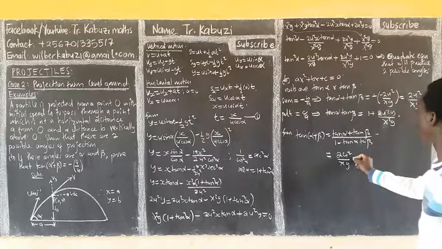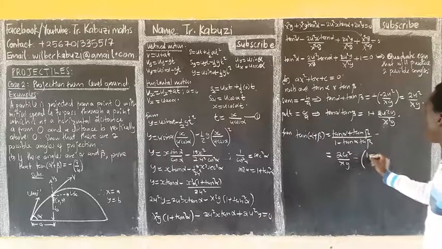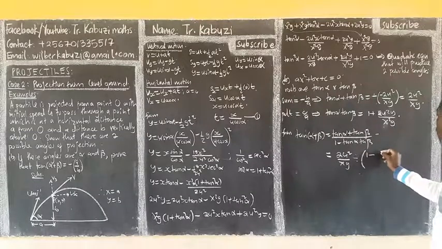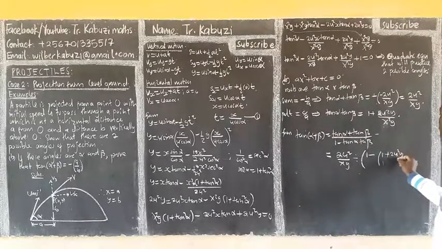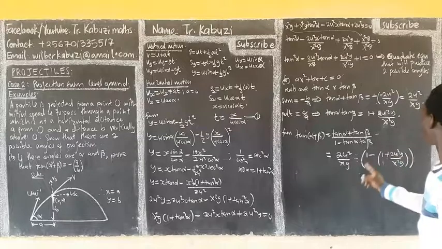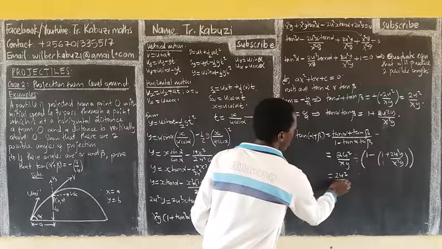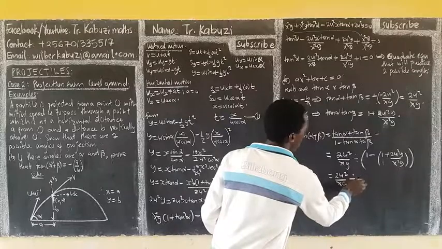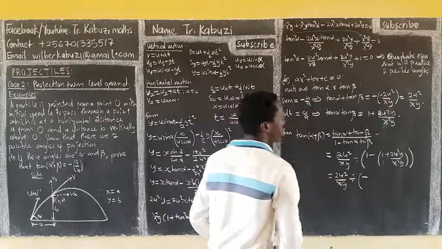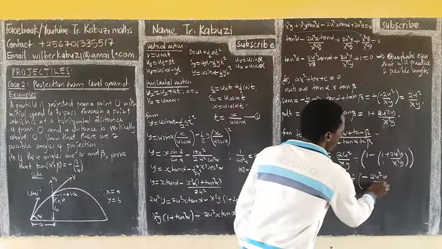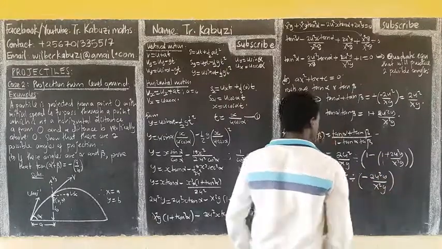Then I divide it with 1 minus the product, which is 1 plus 2u squared y over x squared b. Opening brackets, the 1 is going to vanish, so we shall have 2u squared over xb divided by negative 2u squared y over x squared b.